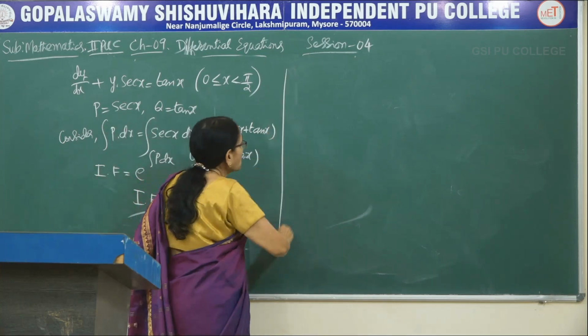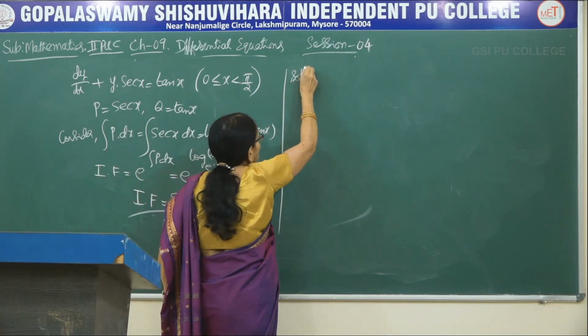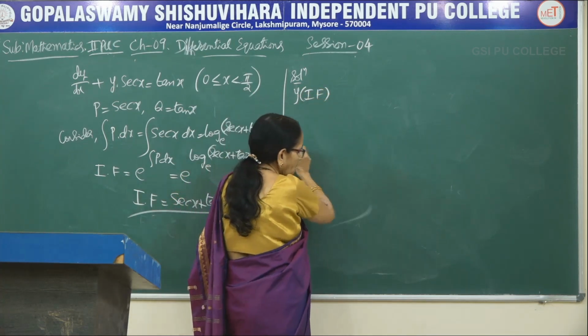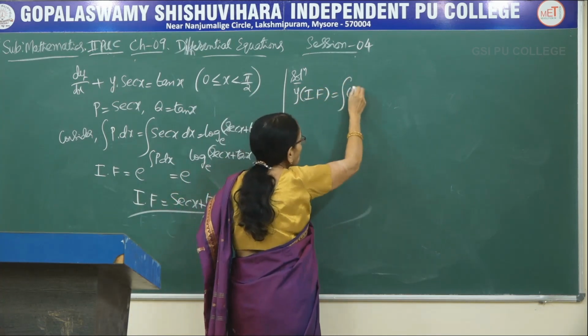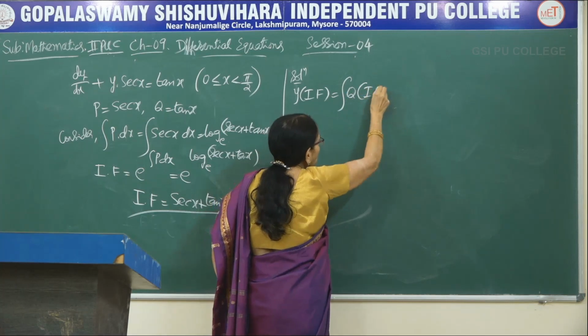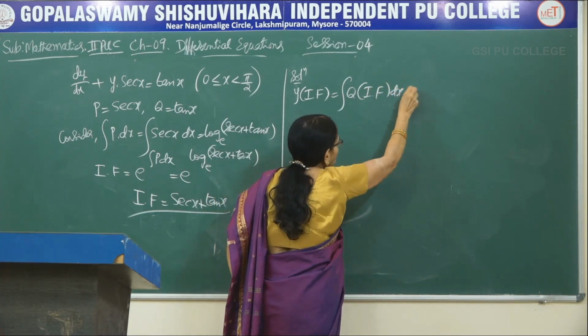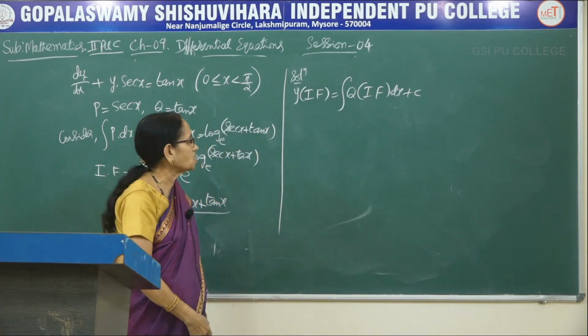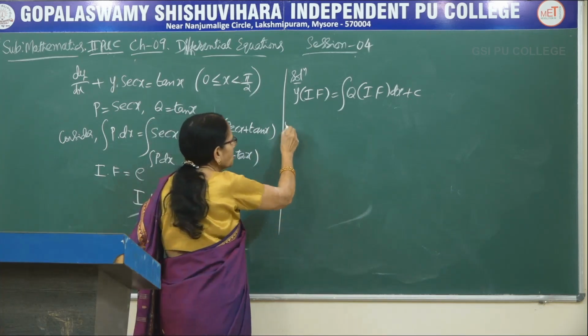Next we can directly go to the solution. What's the solution? Y into the integrating factor is equal to integral Q into the integrating factor into dx plus the constant of integration. Now write the integrating factor.